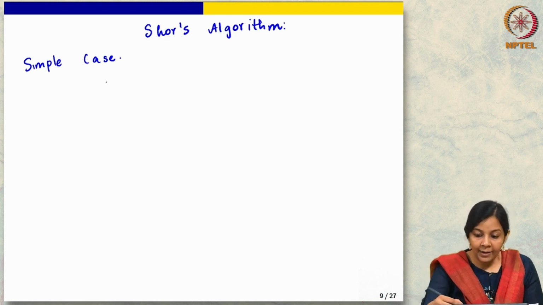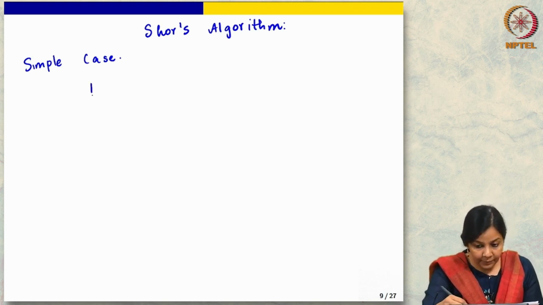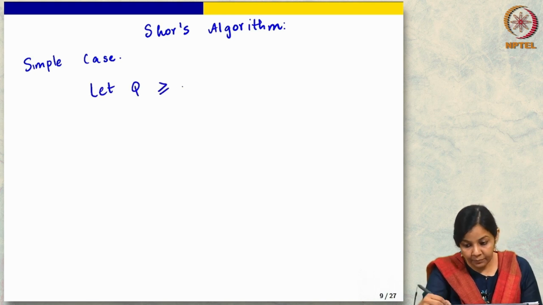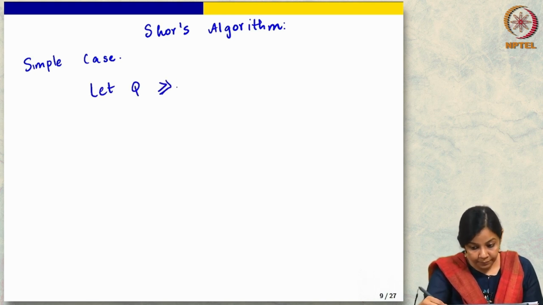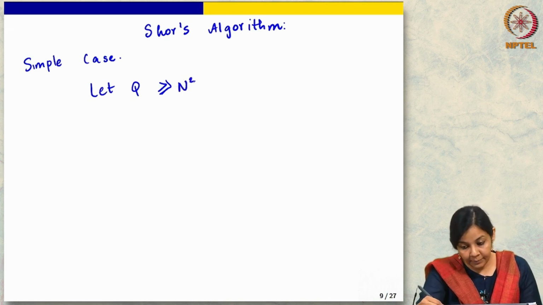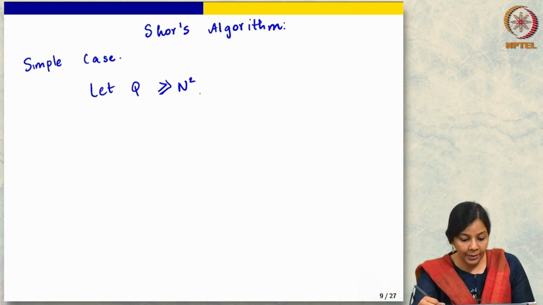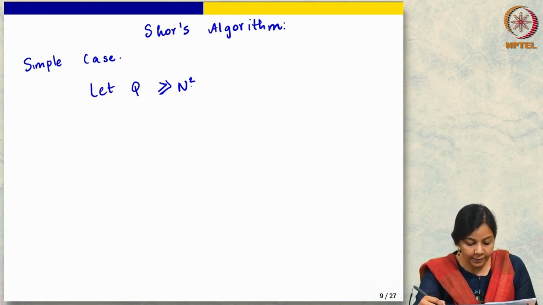Let Q be some sufficiently large number, say Q is much greater than even N squared, where capital N is what we are trying to factor.